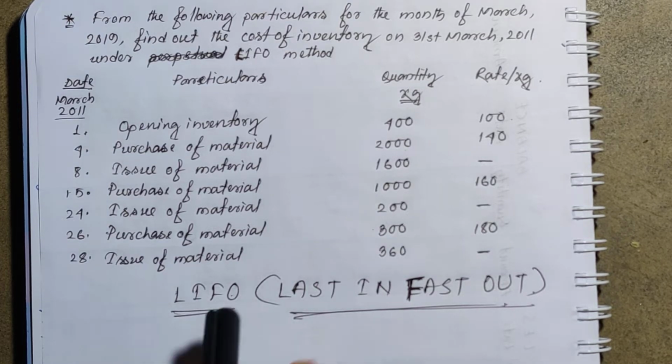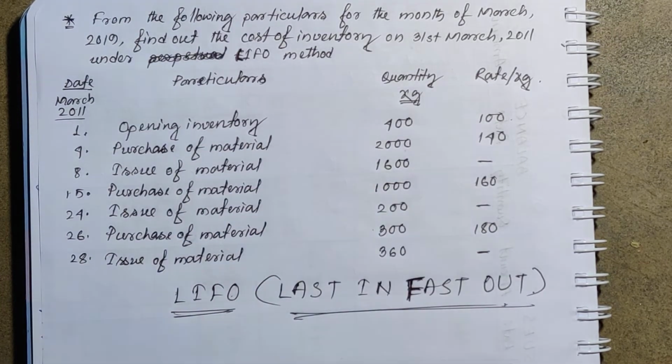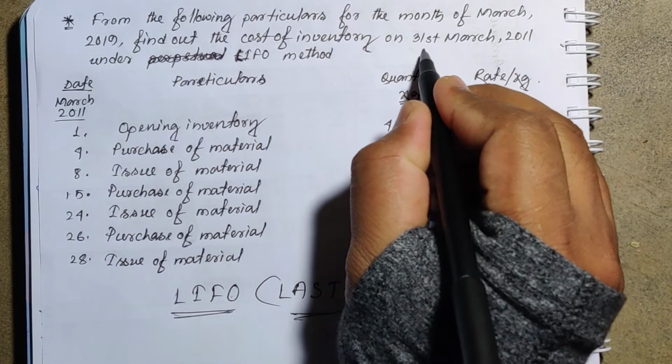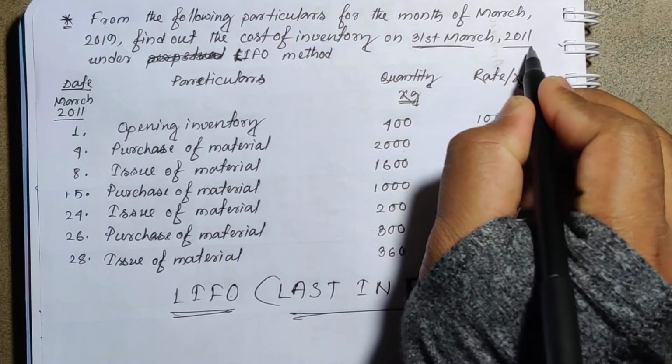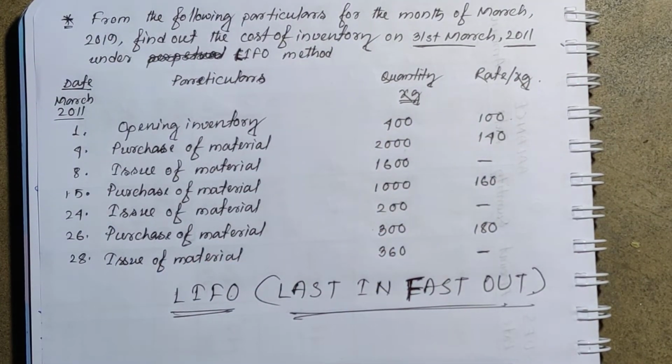So friends, the question is the same. As usual, I have to solve the question in the LIFO method at 31st March 2019. The same entries are here. Now I will see how the entries will be.